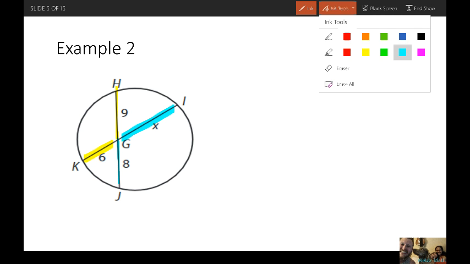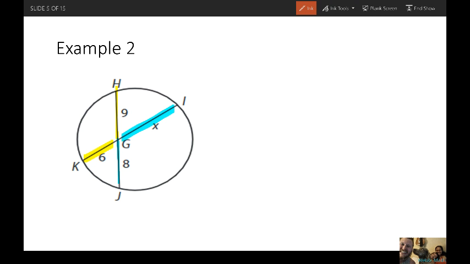Let's try this setup. Now remember, multiplication is commutative, so what's 2 times 3? What's 3 times 2? They're the same thing, so don't worry about the order, just make sure the segments belong to the same chord. As I set it up, HG times GJ equals KG times GI.